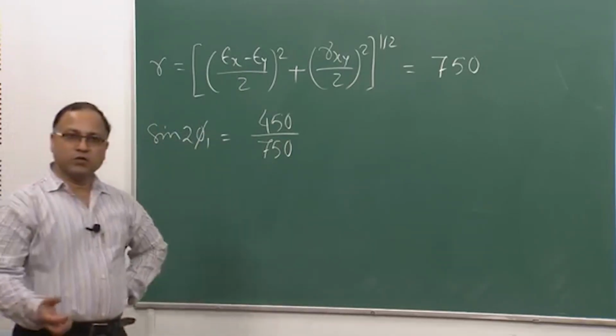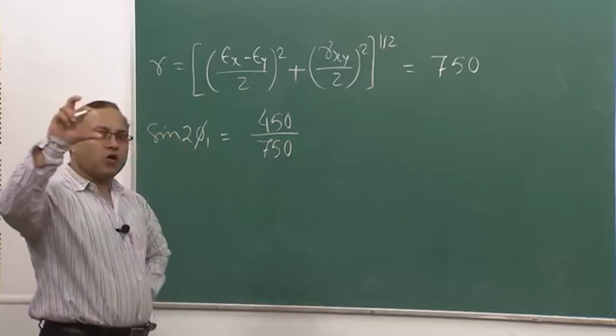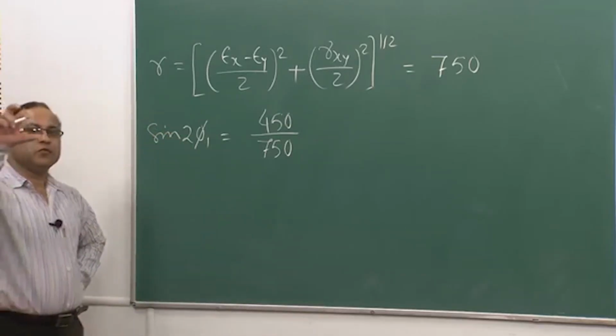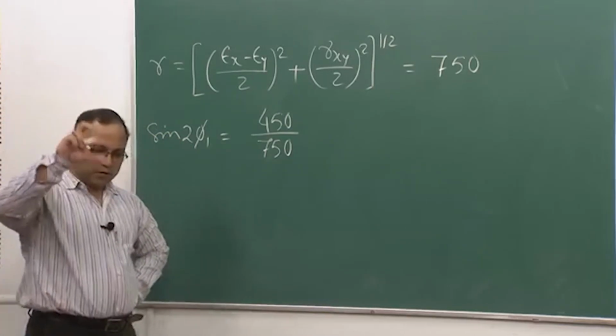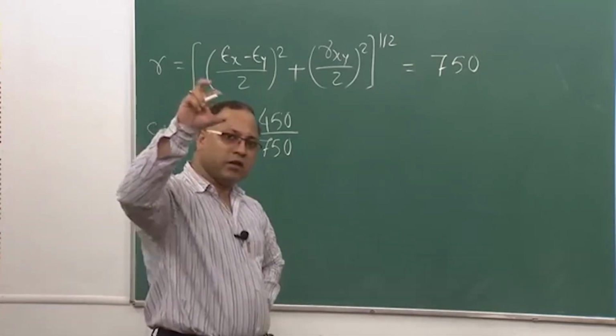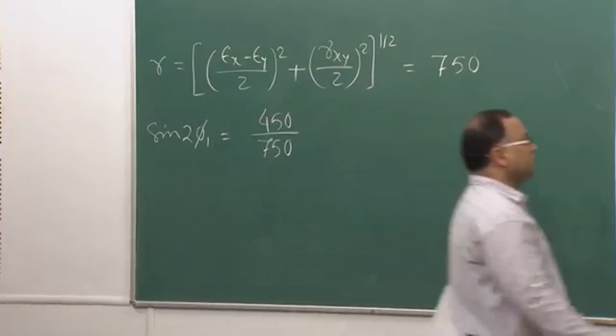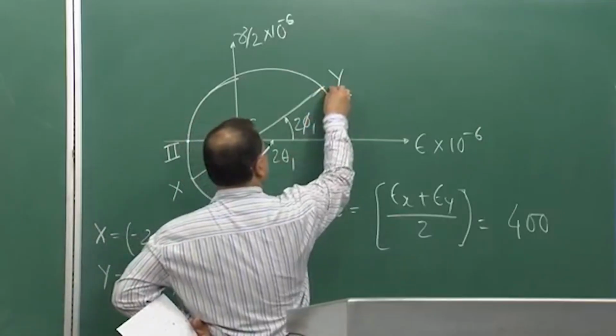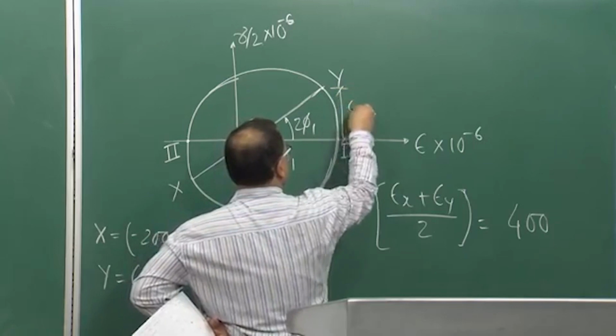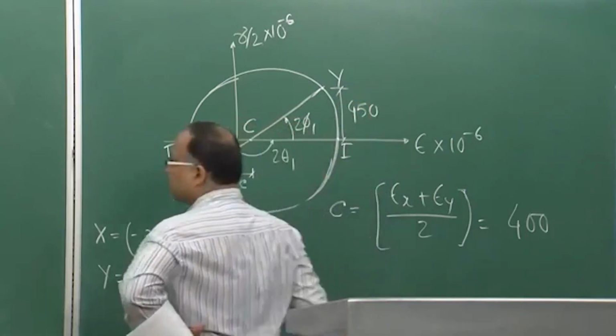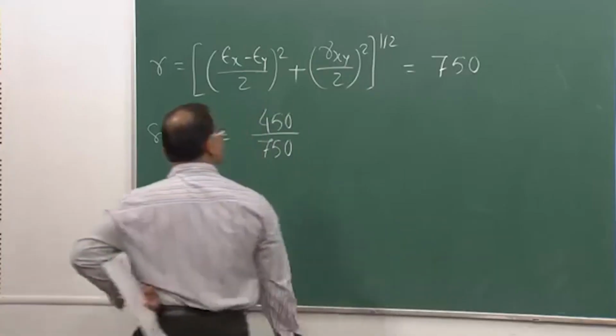Gamma x y by 2, that is the ordinate of the y point. So, this is your 450, and 750 is the radius of the Mohr circle.